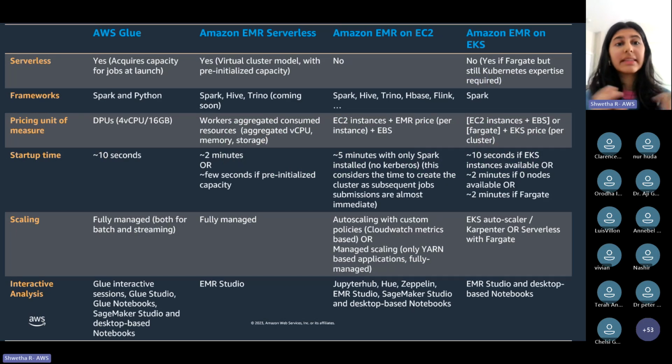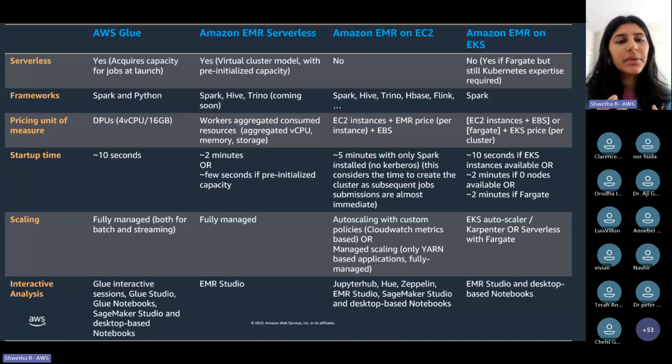So I really wanted to take this slide to not only talk about the differences between Glue and EMR, which we discussed previously, but also the differences between EMR Serverless, EMR on EC2, and EKS, and when you should choose a certain deployment option. With EMR Serverless, it's fully managed, as well as that interactive analysis with Studio.